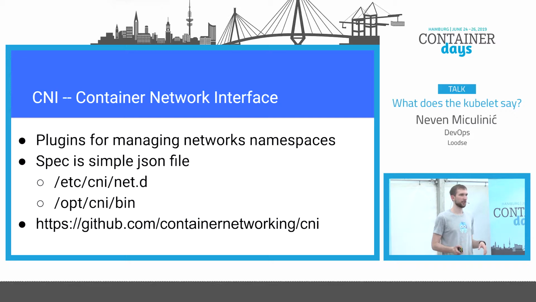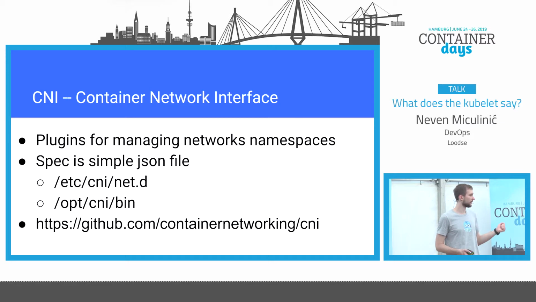And all the binaries which actually run the plugins and set up the interfaces are usually in /opt/cni/bin. If you look at the common network plugins like Flannel, Calico, or Weave Net, you would see their pods. What they do, they actually mount the host path of those two for configuration and for the binaries, and copy their config into /etc/cni/net.d, and copy their binaries into /opt/cni/bin.